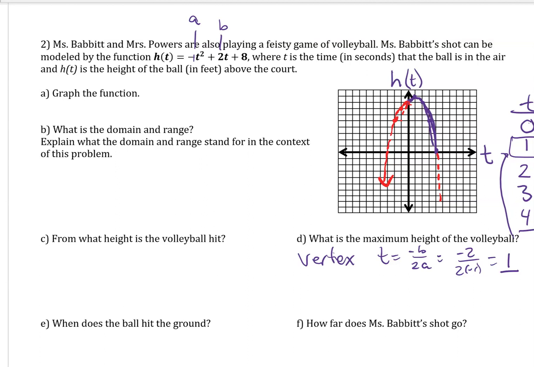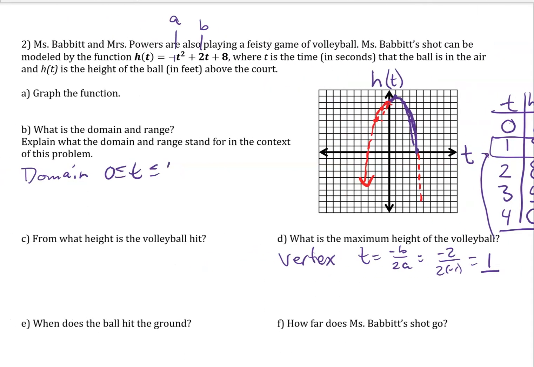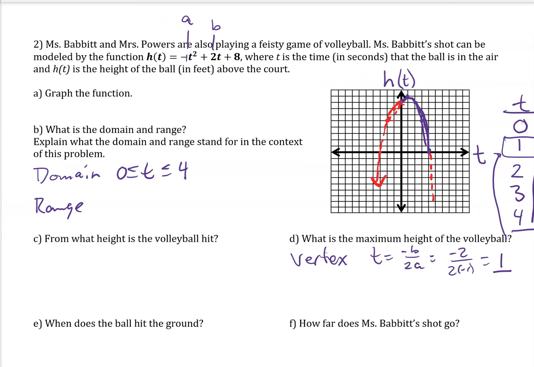So domain and range. Well, like we said, real world, our domain, our values for time, t has to be greater than or equal to 0, the moment she struck the ball, up until the moment when it hits the ground, which is at time 4. Range. Well, our apex, or our vertex, is at 9.